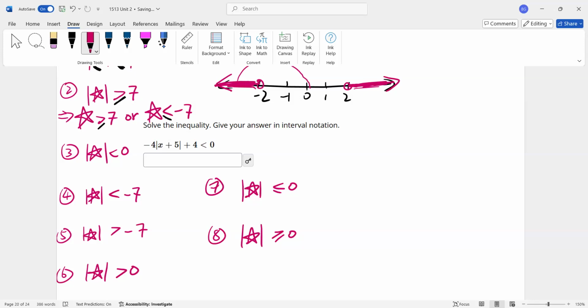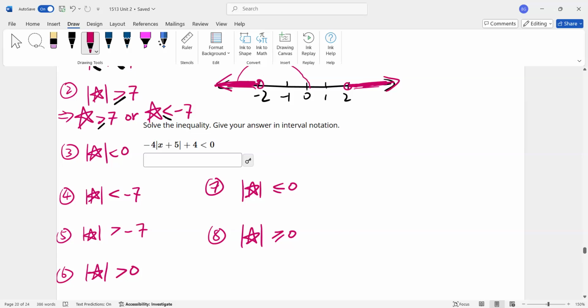Okay, so let's look at number 3. Please remember, keep this in your mind. Absolute value is a distance. Distance cannot be negative. 0 is fine, but it can never be negative.